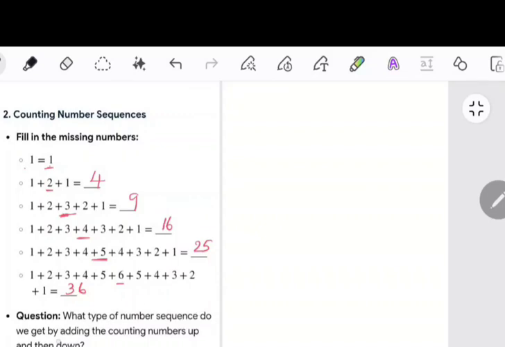What type of number sequence do we get adding counting numbers up then down? We get square numbers.